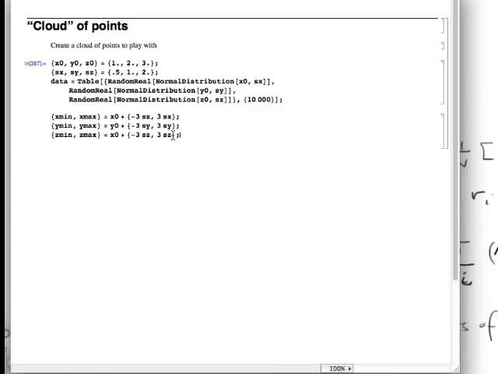I find copying is sometimes easier than typing.